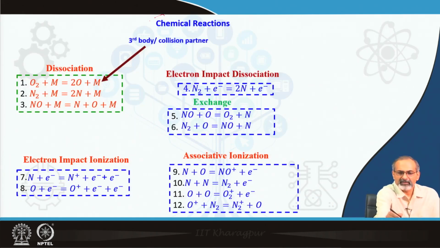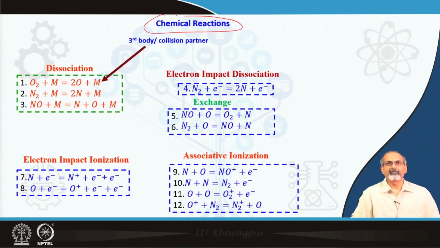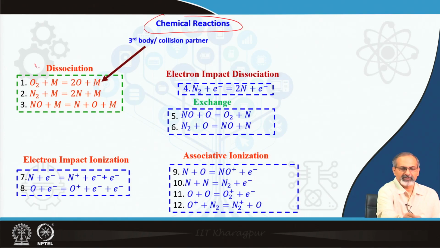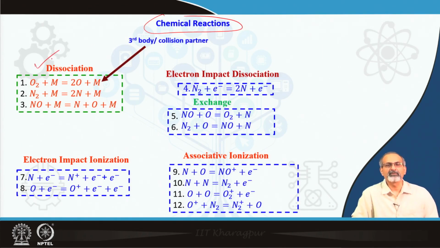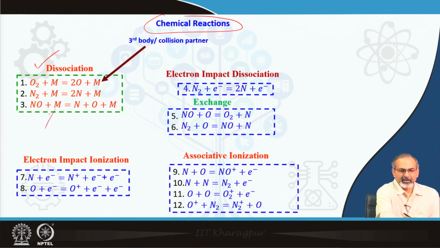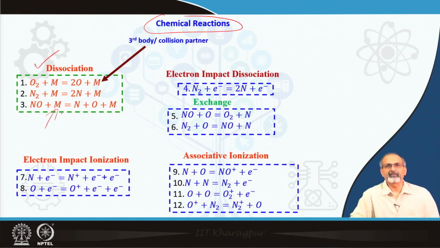So, based on this, we continue with the chemical reactions that have been considered. We have the different categories. The first category being dissociation, where you see molecular oxygen and nitrogen colliding with a third body to dissociate. So does NO into its respective atoms.